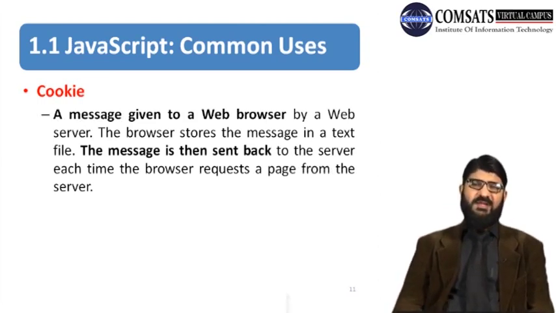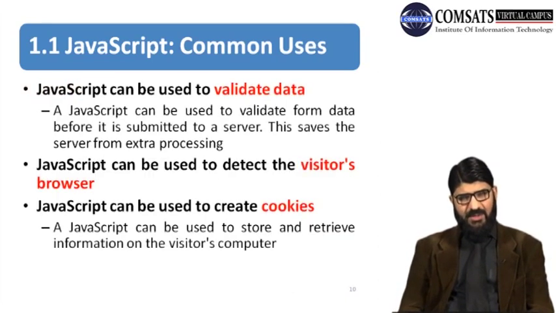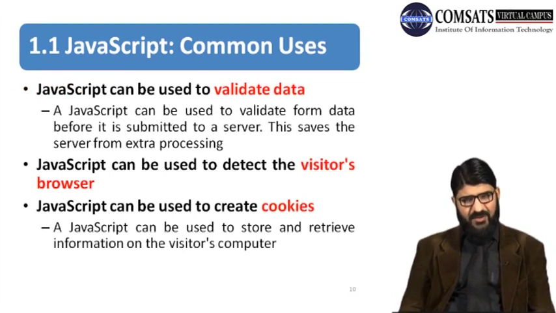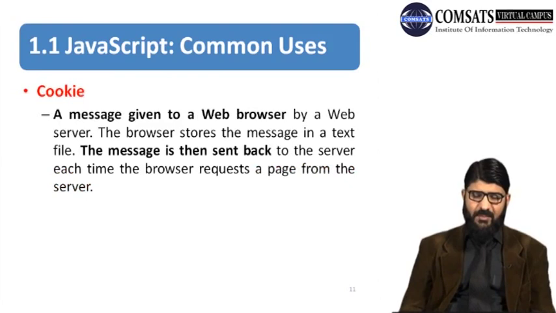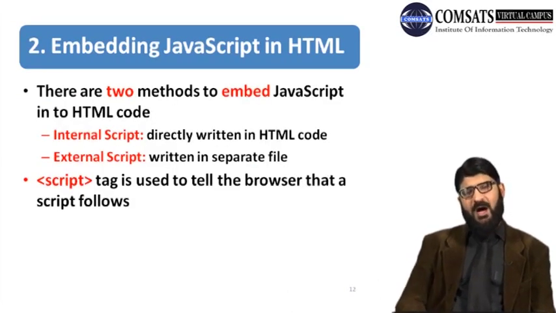So JavaScript can be used to execute cookies. Using JavaScript, it is possible to store and retrieve information on the visitor's computer. Moving onward, we will see how JavaScript is used.